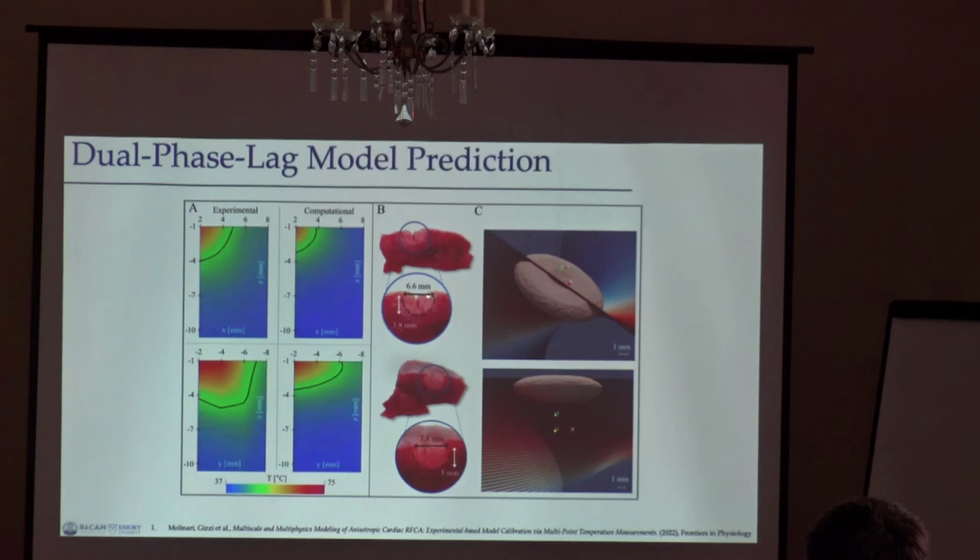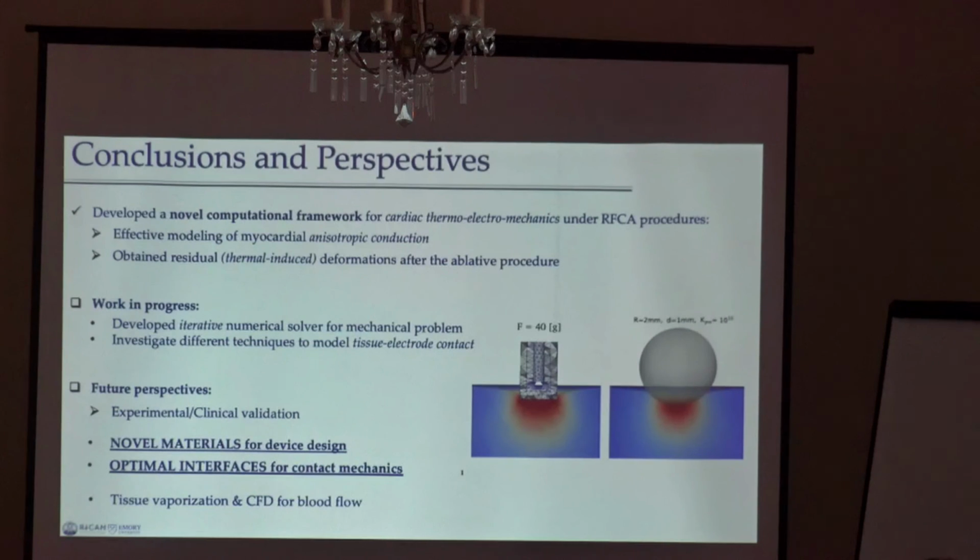It is 6.6 millimeters by 3.8, 7.8 by 5. So it's an ellipsoid lesion. And this is what the model is able more or less to reproduce. Of course, this comes from the complexity of the microstructure, the anisotropy, and all the couplings. If we do not have the cellular depth model, we do not recover the different dynamics.